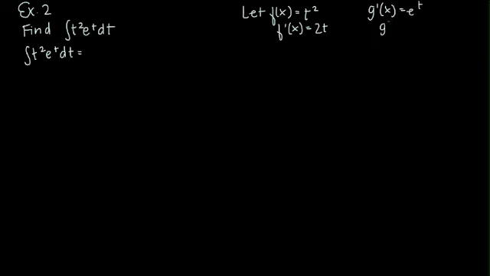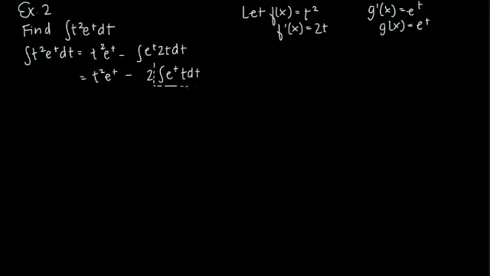So now we find by using the formula for integration by parts that the integral of t squared e to the t dt equals t squared times e to the t minus the integral of e to the t times 2t dt. And we're going to simplify this by taking the 2 out of the integral.